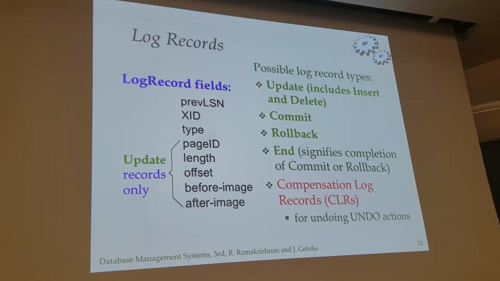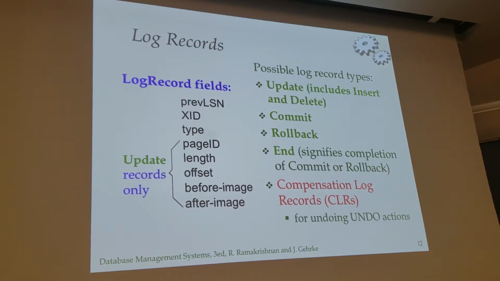There's an end record that just says all of my obligations with respect to completing the commit or rollback have been taken care of. Don't worry about trying to complete their actions. That's been done. And there's a really weird one, as I've mentioned a couple of times now. The hardest part of getting all this stuff right is making sure that things work if you crash during recovery.